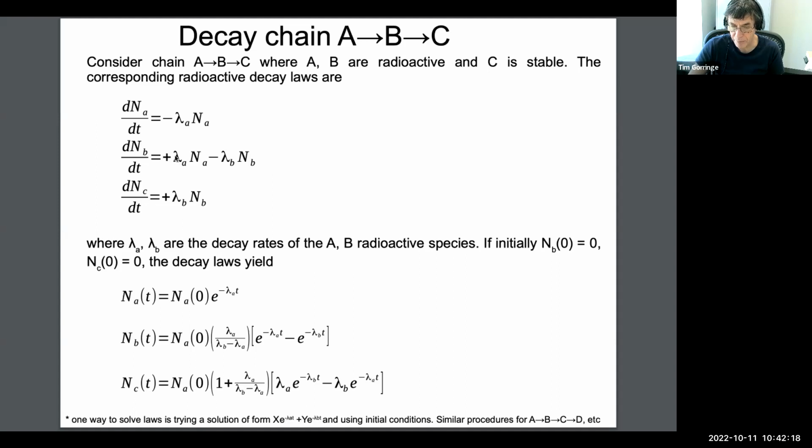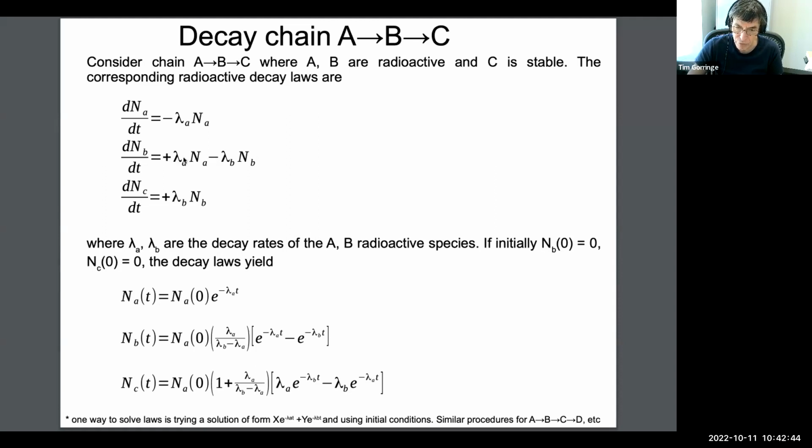That's the first term. And then there's a second term that corresponds to the radioactive decay of species B. So it's a term that involves the number of species B, NB, multiplied by the decay rate of species B. And it's a negative term because it removes species B from the sample.